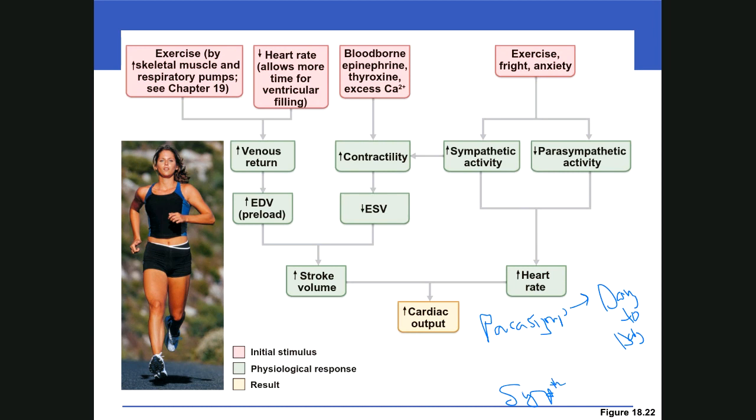It's kind of like the body's 911. So think about this. What if you were doing your day-to-day stuff in your own house? I don't know, you're washing dishes or vacuuming or whatever. And all of a sudden your house catches on fire.